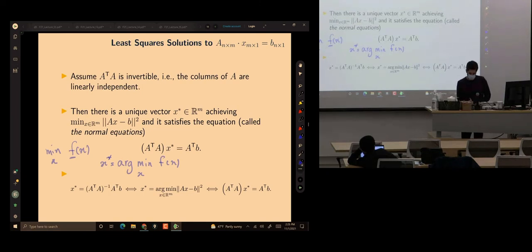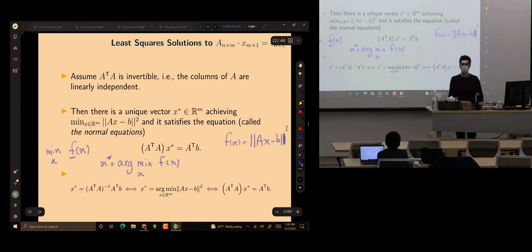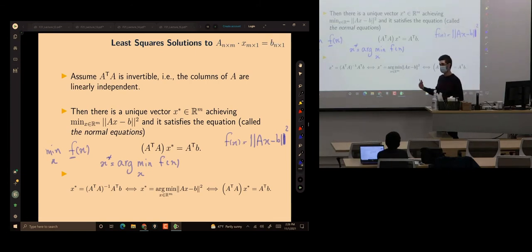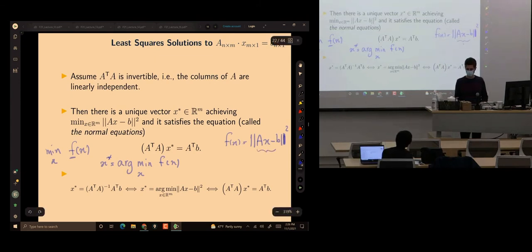Now, a particular objective function here is the norm squared, for our least squares problem. This is a particular objective function that we choose. We call it the least squares problem because we calculate the error, we find the norm, the magnitude of the error, and then we square it.